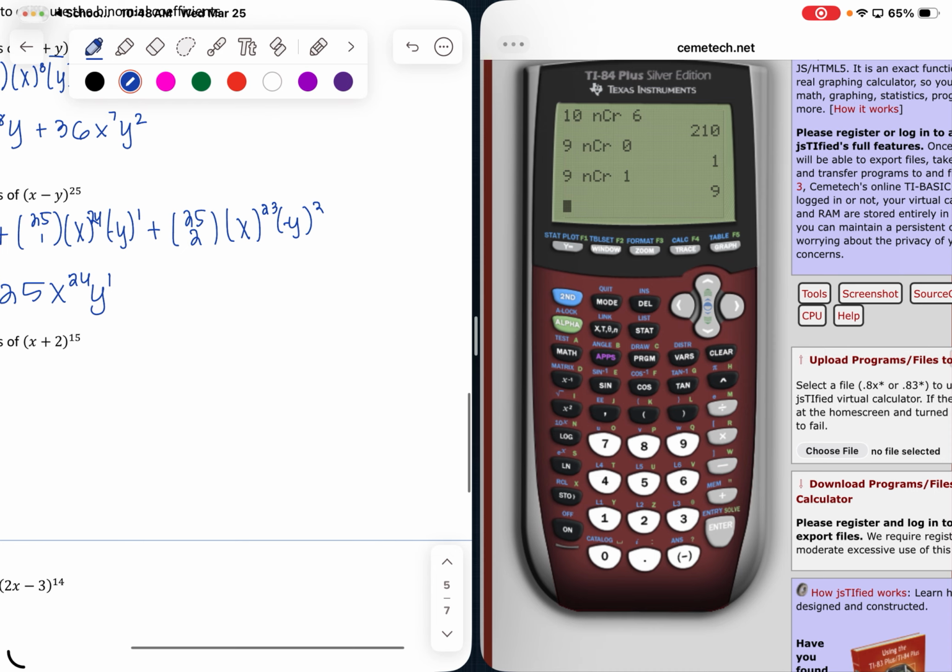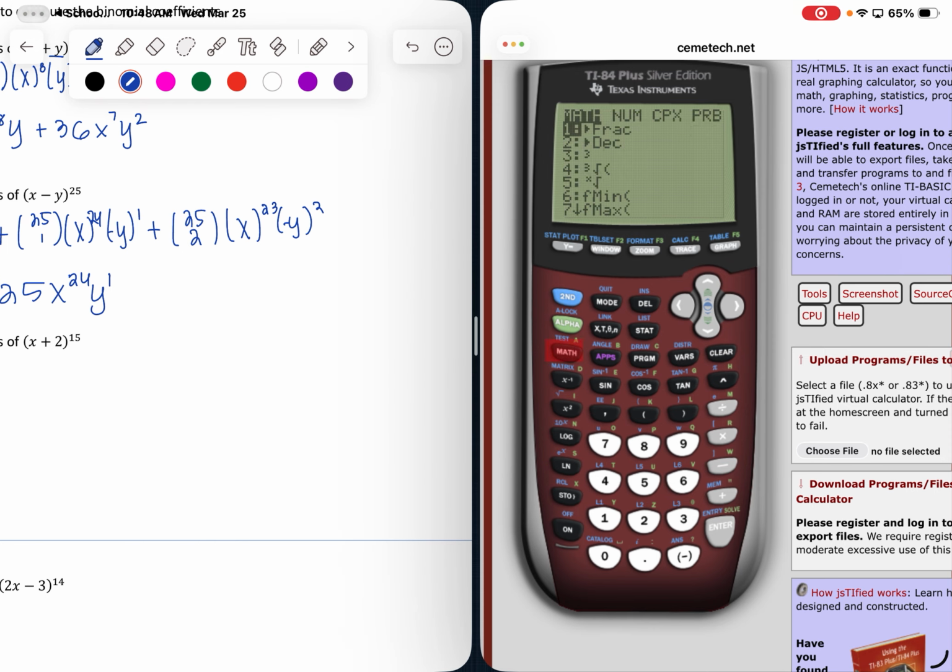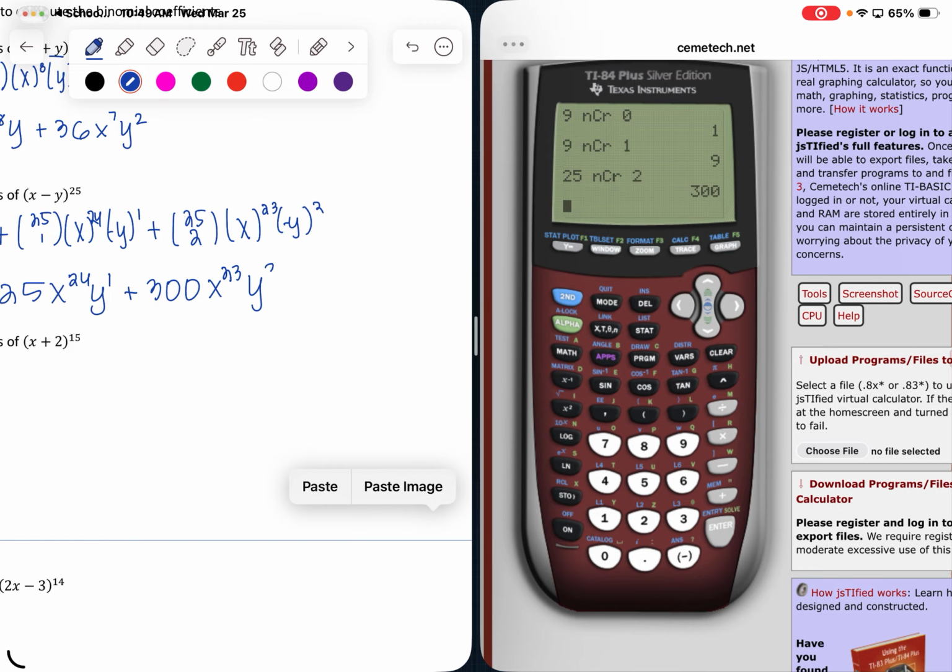And then 25 choose 2. 25, math, probability, option 3, choose 2 is 300. So I have plus, because that's going to be a negative y squared, which is positive, 300 x to the 23rd y squared.